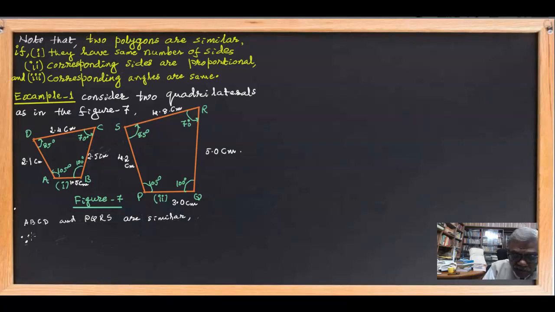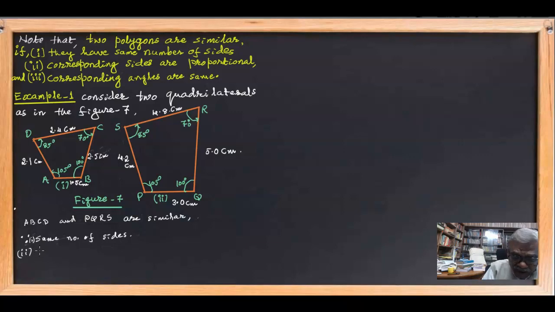because, one, they have the same number of sides, because both are quadrilaterals, and secondly, corresponding sides are proportional.